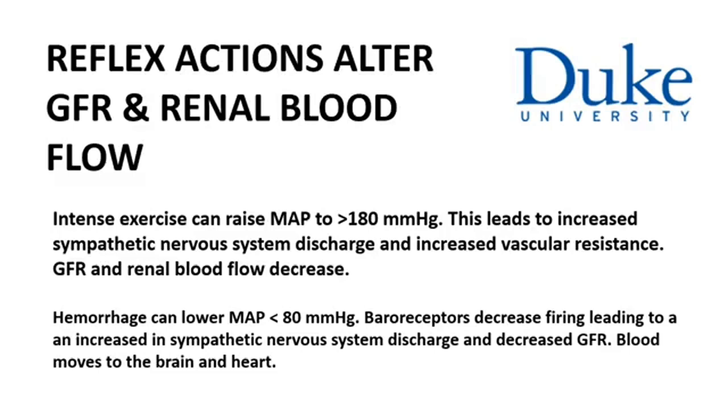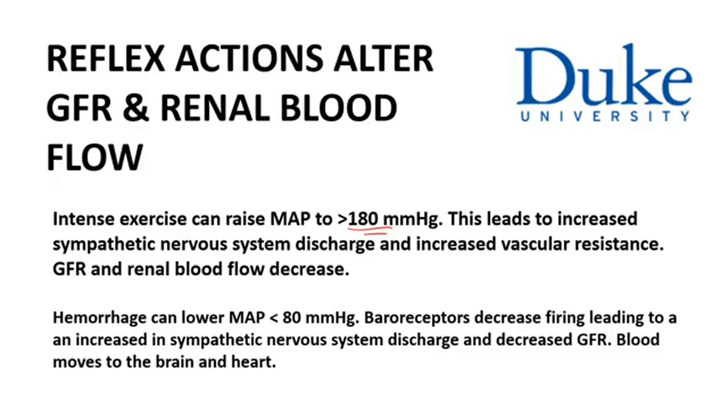Now, there are instances where the mean arterial pressure is going to be outside of that boundary of 80 to 180 millimeters of mercury. One instance, of course, is intense exercise, which can drive the mean arterial pressure to greater than 180 millimeters of mercury.